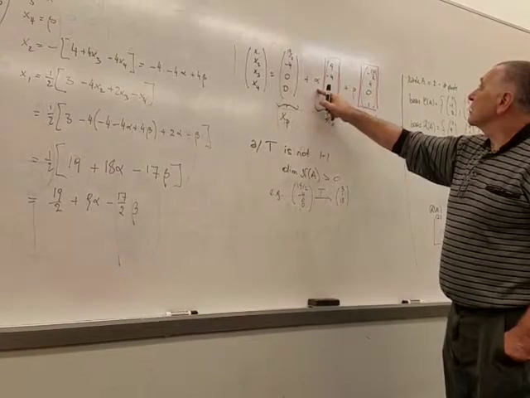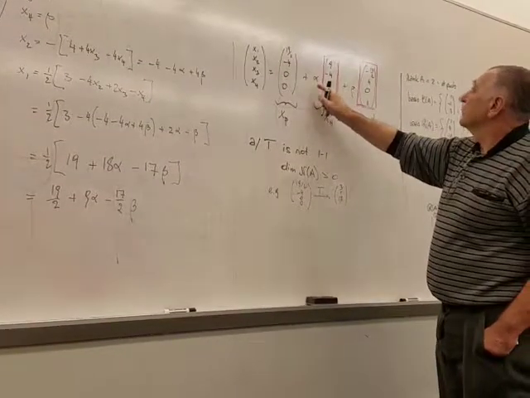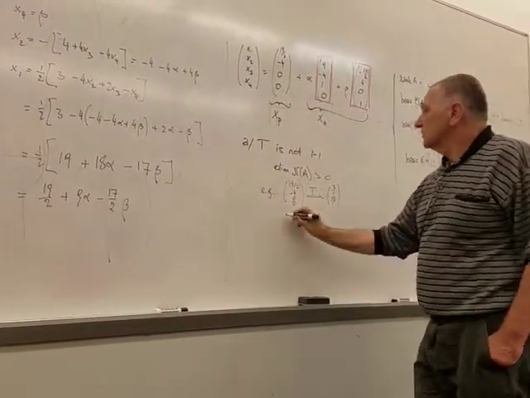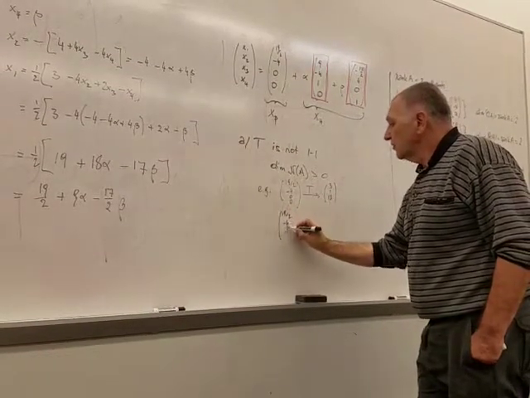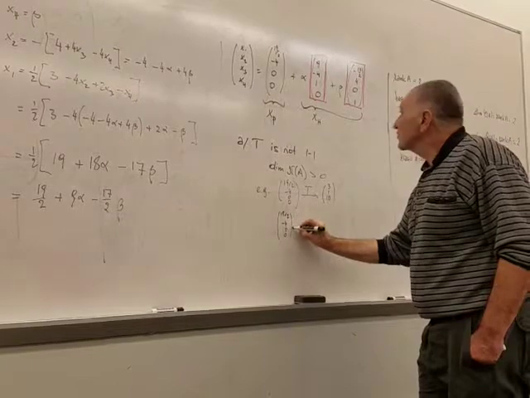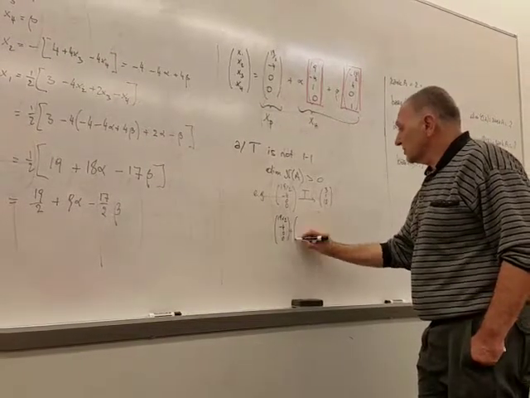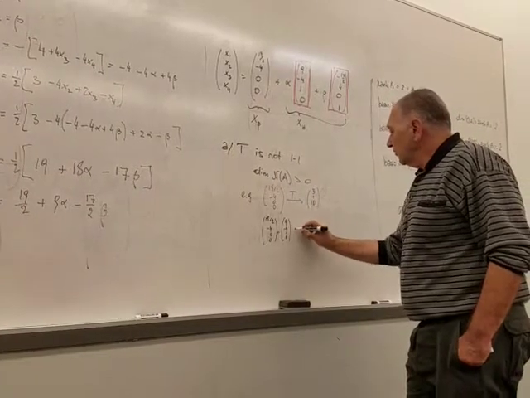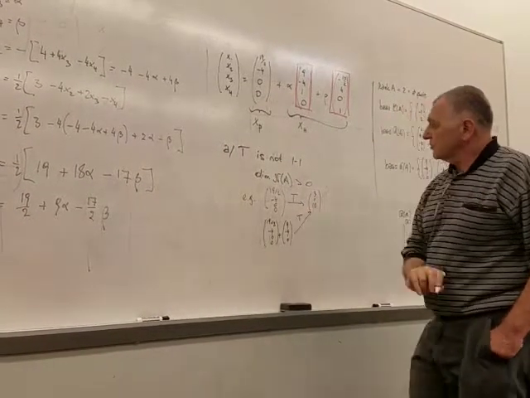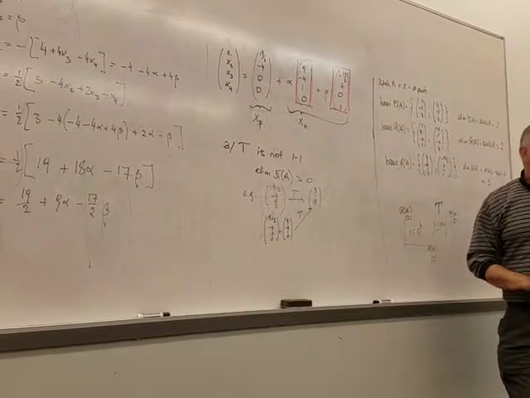And if I pick, say, alpha equals 1, beta equals 0, then 19 over 2 minus 4, 0, 0, plus 9 minus 4, 1, 0. This vector here, by T, also goes to 3, 1, 10. Not 1 to 1.